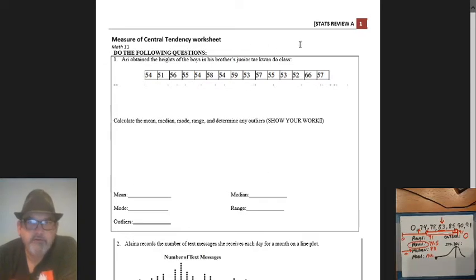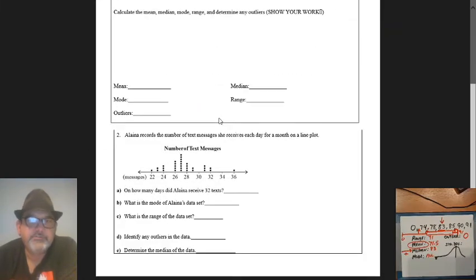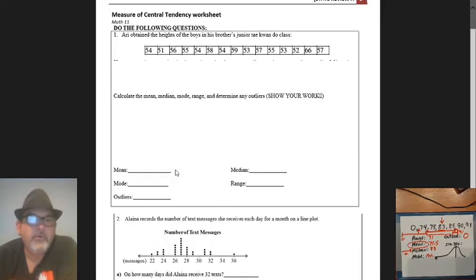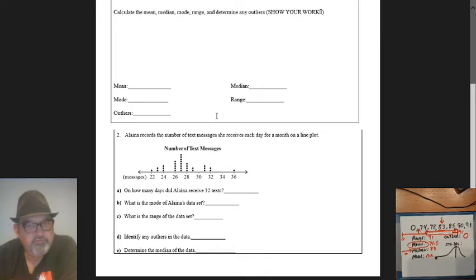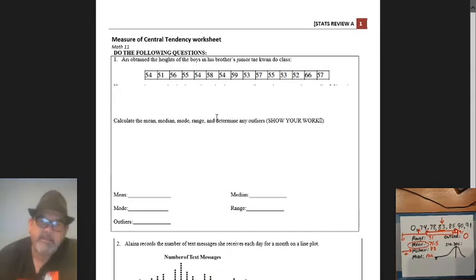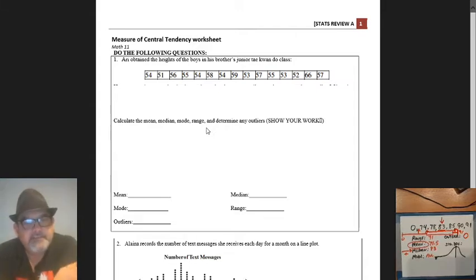You've got the heights of the boys in his brother's karate class, and it asks you to calculate mean, median, mode, range, and determine are there any outliers. Then you've got another set of data points here, but this time they're listed as a dot plot, and it asks you these questions. So I want to give you guys your best shot. These are pretty simple. Just do that, and then on tomorrow's video, I will go over the correct answers for this. This wraps up Chapter 9.